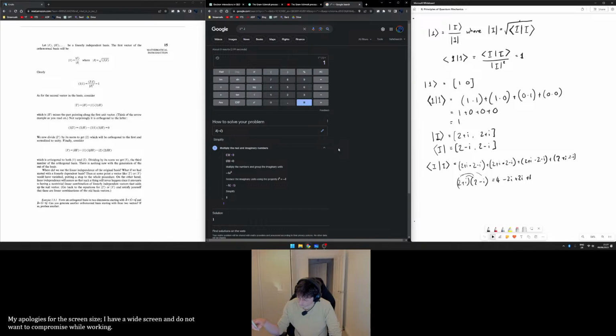So let's simplify this. 4 minus 1 is 3, and then minus 2i times 2i is minus 4i squared. Minus 4 times minus 1 is plus 4, which equals 7.